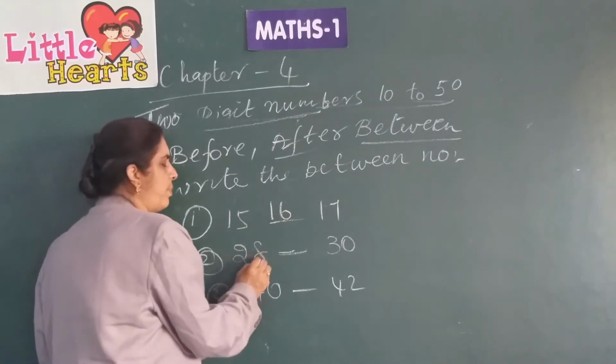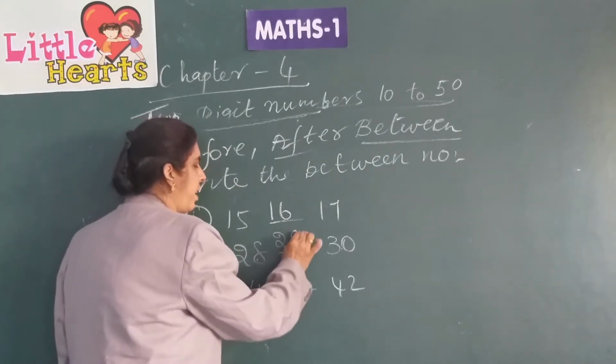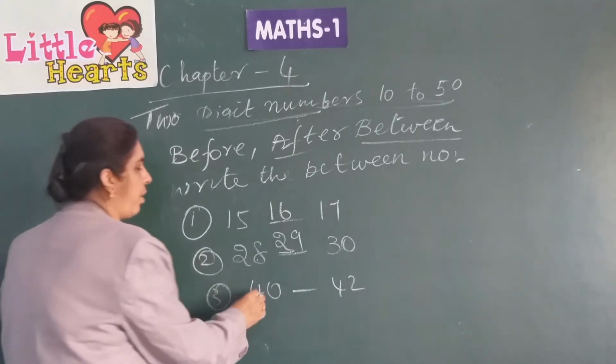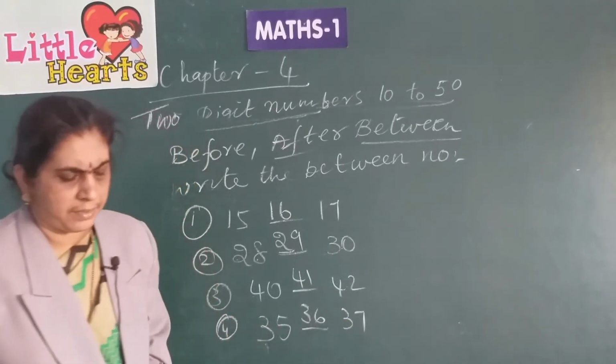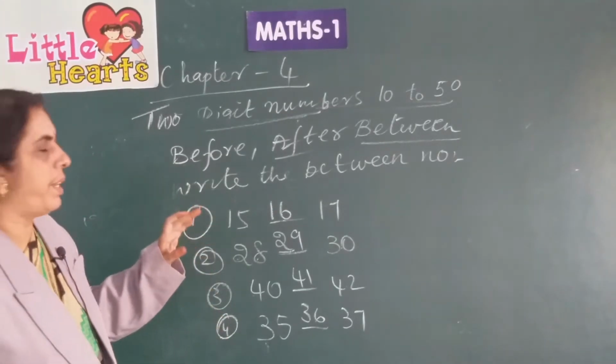The number that comes between 28 and 30: after 28 comes 29. And the number that comes between 40 and 42: 40, 41, 42. The number that comes between 35 and 37: 35, 36, 37. In this way, you can write between, before, and after numbers.